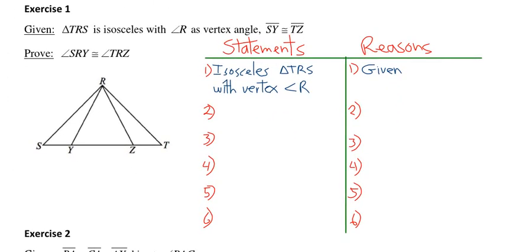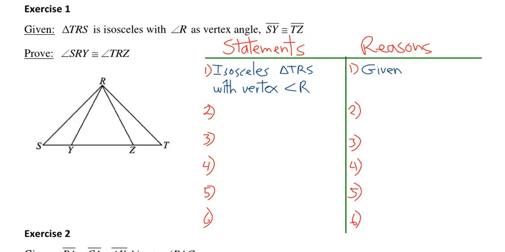So it says, given triangle TRS is isosceles with angle R as the vertex angle, and SY congruent to TZ. So that's all given.